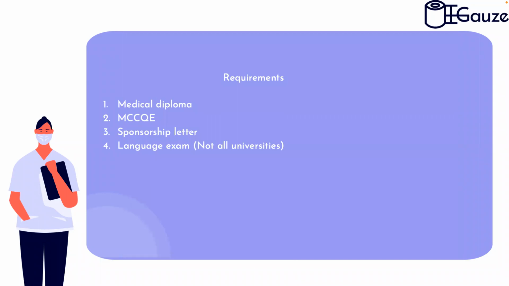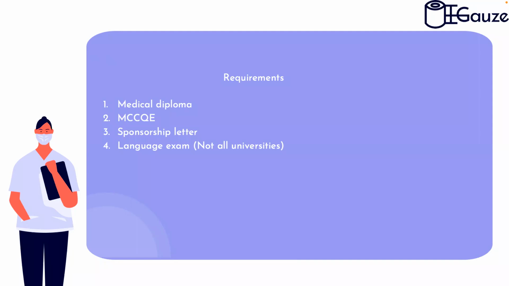The requirements, basically the medical diploma, obviously, the licensing exam, currently the MCCQE Part 1. Sponsorship letters or sponsorship from your government. And a language exam is a requirement for certain universities.